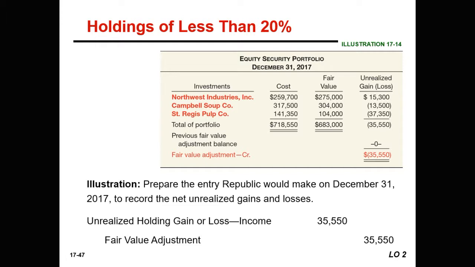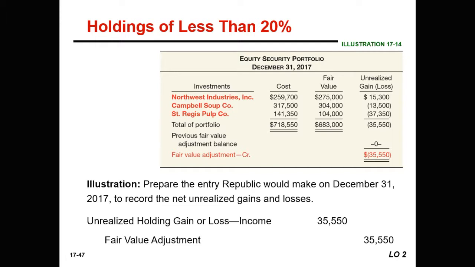The really important thing is to remember whether you are using the equity account or the income account titled unrealized holding gain or loss. If you use the wrong one, then you are going to be completely misrepresenting the nature of the investment.